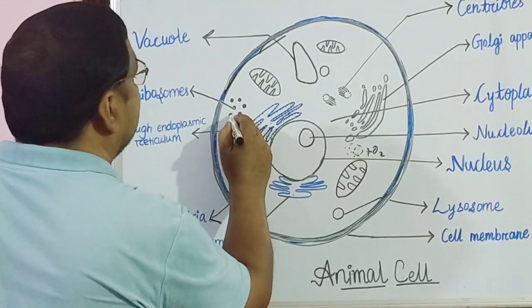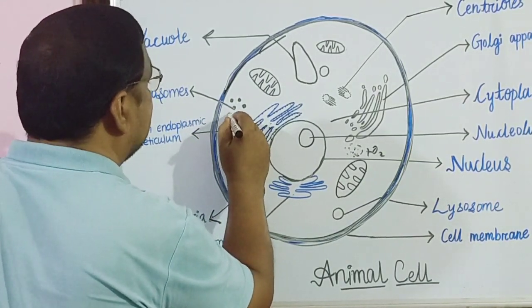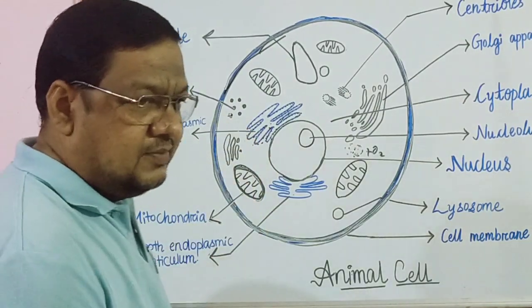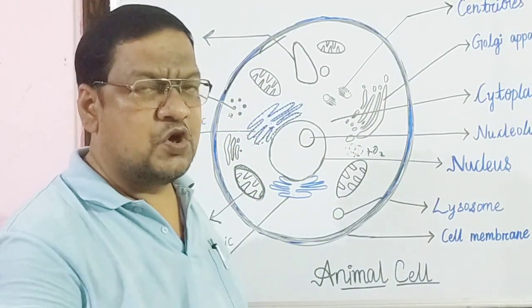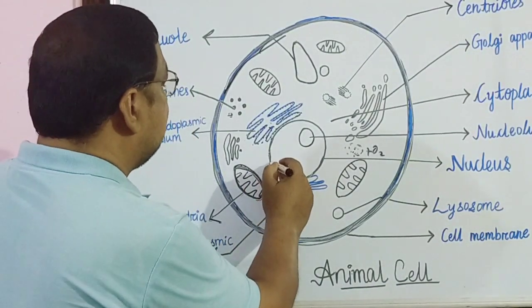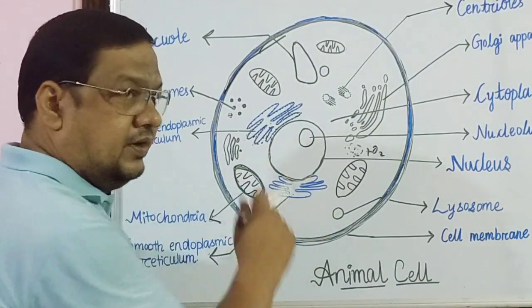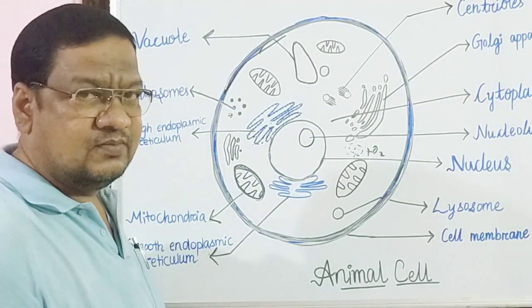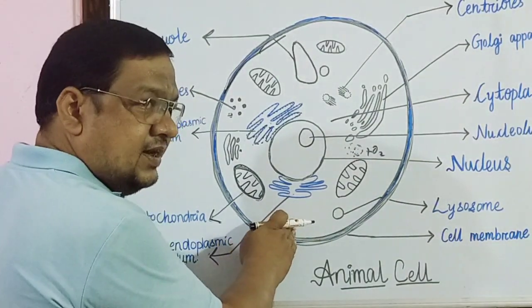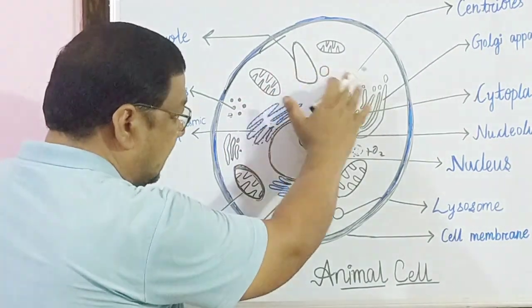Ribosomes, sometimes it is attached with endoplasmic reticulum and sometimes it also floats freely in the cytosol. What is cytosol? Cytosol is the liquid. What do you mean by cytoplasm? Cytoplasm means cytosol, the liquid present inside the cell, together with the cell organelles.